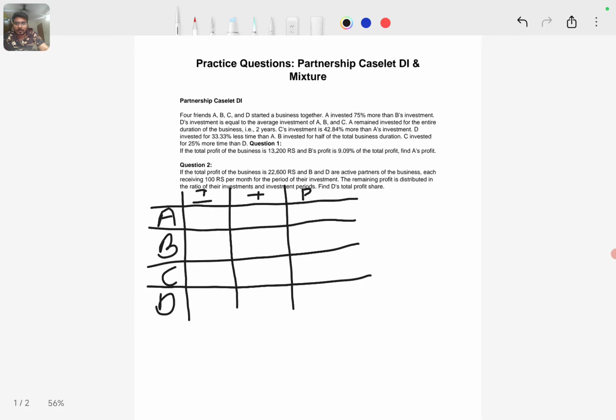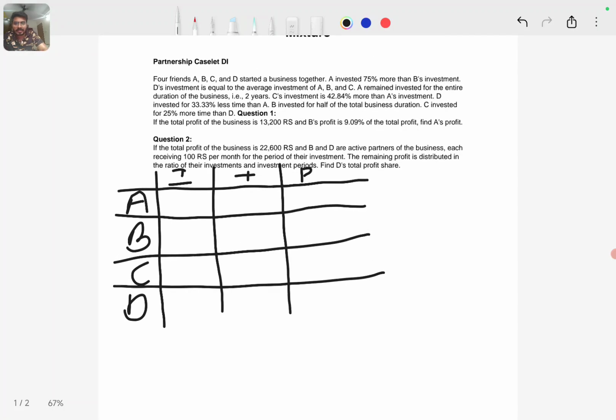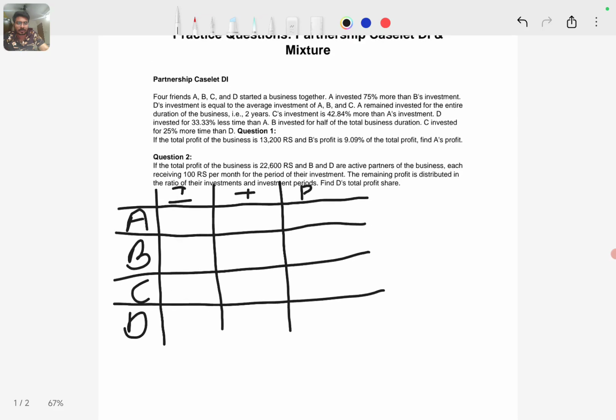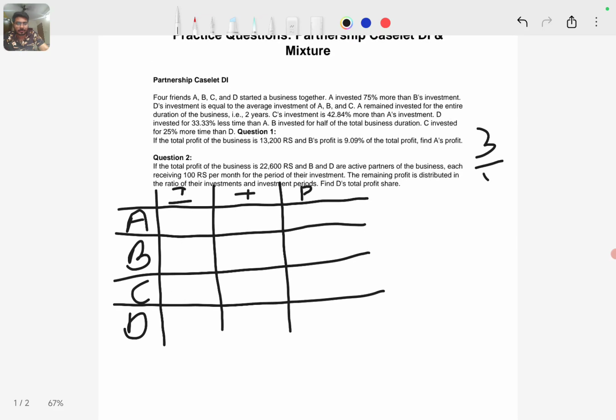Okay, so here A invested 75% more than B's investment. 75% more means 3 by 4. Means if B invested 4, A invested 4 plus 3, 7.